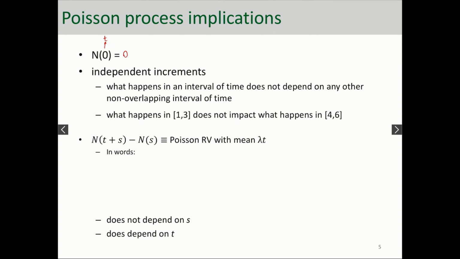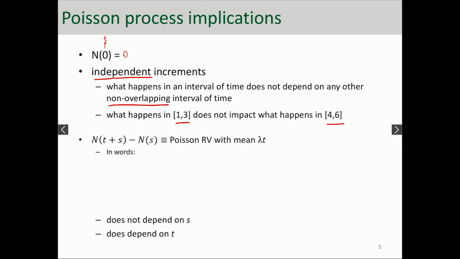Also, the increments of time are independent. What happens in an interval of time does not depend on any other non-overlapping interval of time. What happens between 1 p.m. and 3 p.m. does not impact what happens from 4 to 6 p.m. We talked about this notion of independence: whenever the time periods are non-overlapping, these random variables are independent from each other.